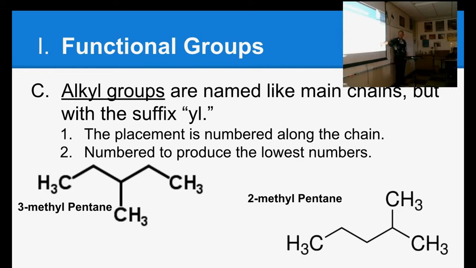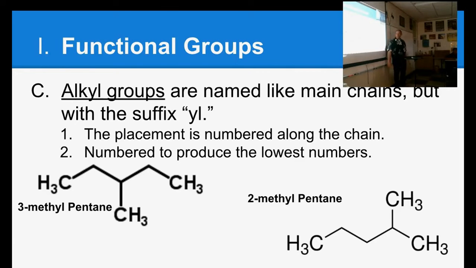Methane, if it were just CH4, just carbon and hydrogens, it would be methane. But because it's hanging off of the second carbon of a pentane molecule, this is 2-methylpentane. 2 because it's the second location on the main chain of 5. Meth because it's 1 carbon. -yl because it's a side chain. And then pentane, we name the normal molecule that follows.